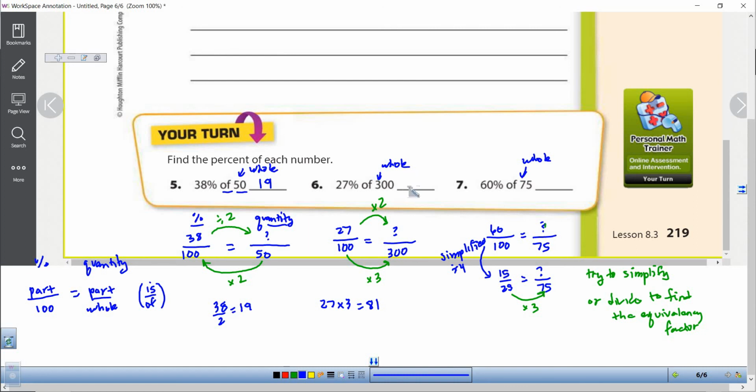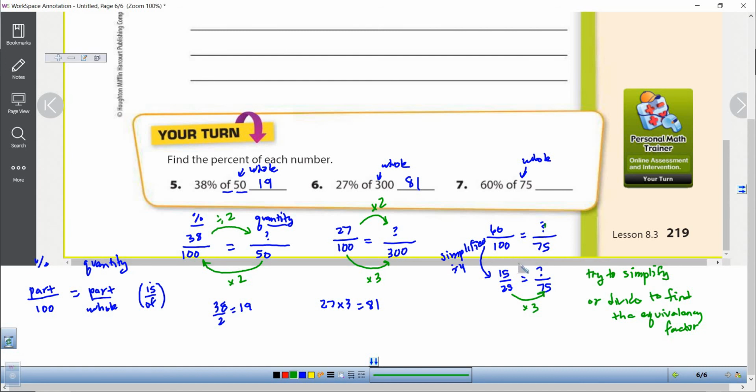So 27% of 300 is 81. If you had 27 out of 100, you would have 81 out of 300. 300 is 3 times as big, so we need a number that is 3 times as big as 27 as well.